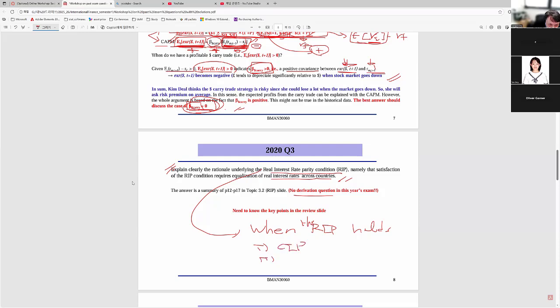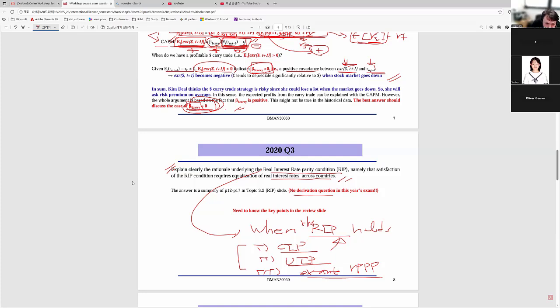Number 2, UIP should hold. Number 3, ex ante PPP or relative PPP should hold. If CIP holds, UIP holds, and ex ante RPPP holds, then real interest rate parity holds. You need to memorize that.